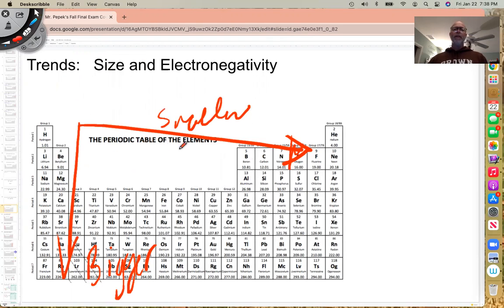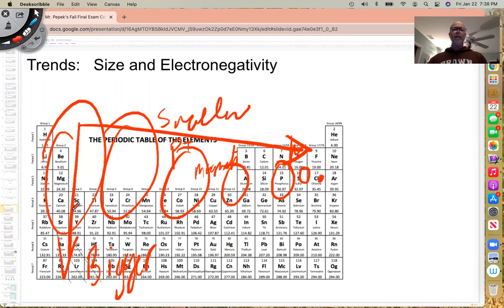And the reason is that you're increasing the number of protons. So the more protons you have, the more pull, like magnets, inside of the atom, which are going to make the atom get smaller. So you have little tiny atoms over here. And then as you move across to the left, they get bigger.